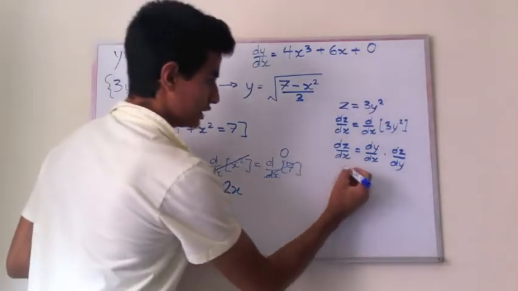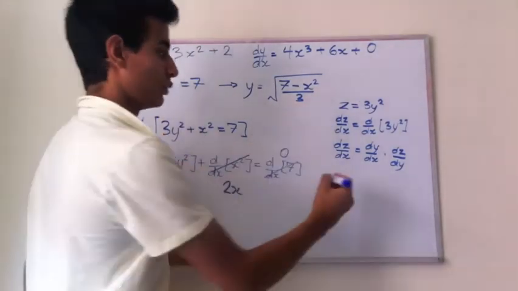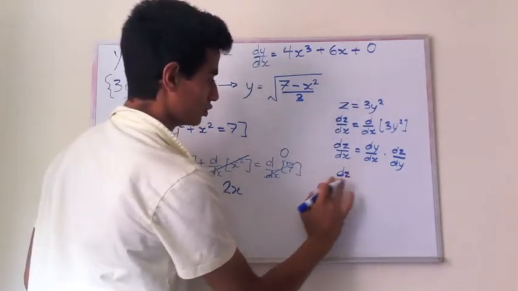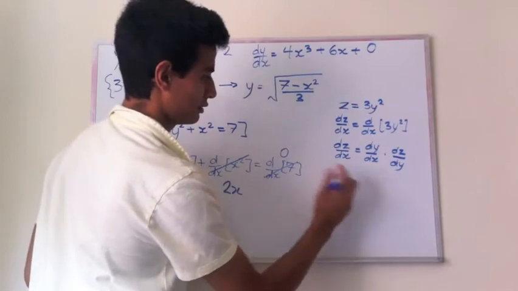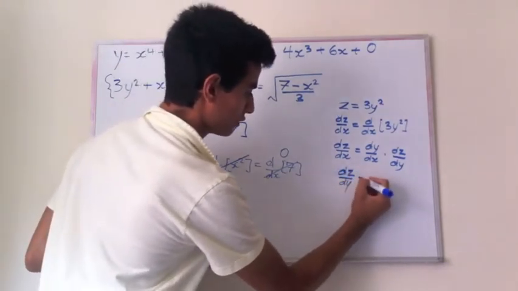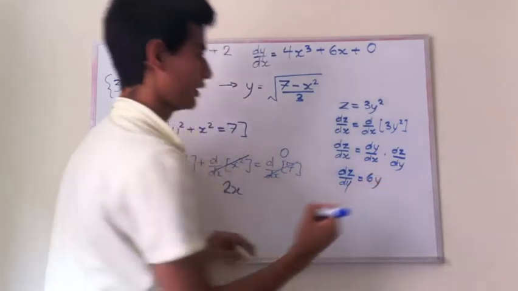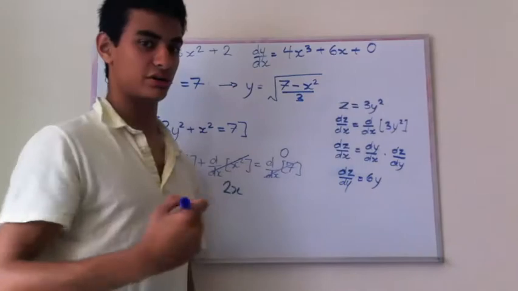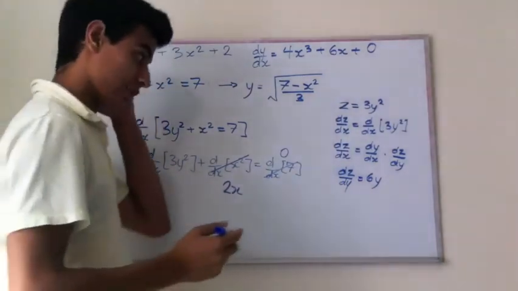So if we differentiate z with respect to y, we get that dz over dy is equal to 6y, because this is simply an application of the power rule. You bring the exponent down and reduce it by 1. That's pretty simple.